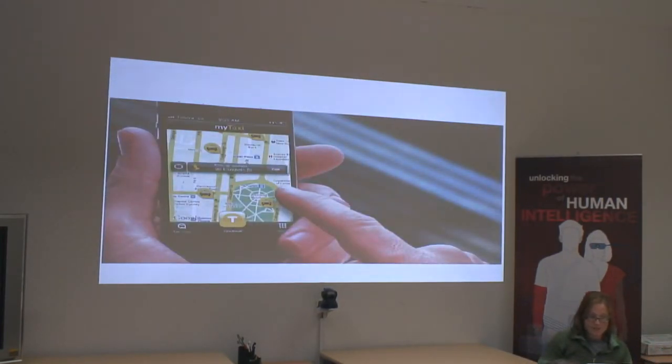And how about this one? Do you know the system? Did you hear about it? The whole idea is that you get an app on your smartphone, and then you hook up with a taxi provider, and basically you can order the taxi based on a Google map, and you can also have your favorite drivers, and you get an indication of where the driver is, and you can really point on a map to show where exactly you are waiting.